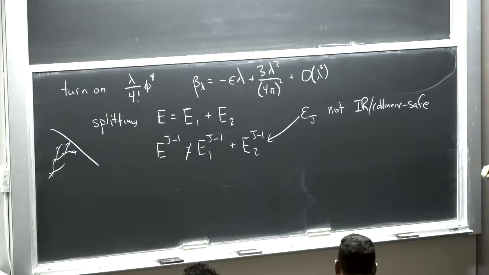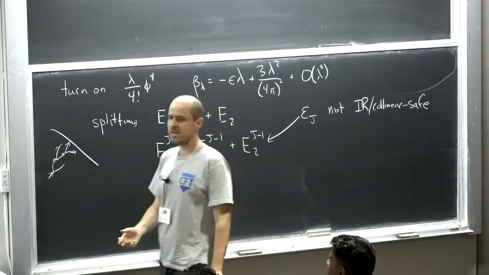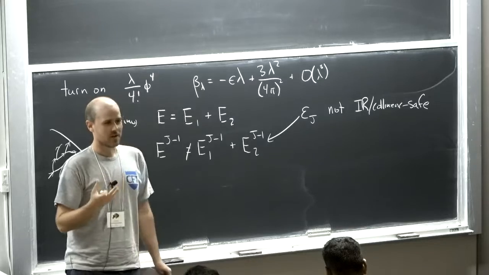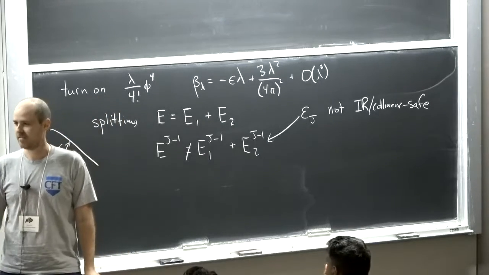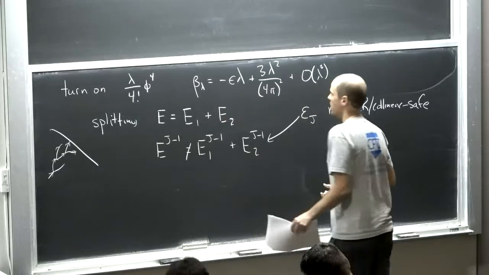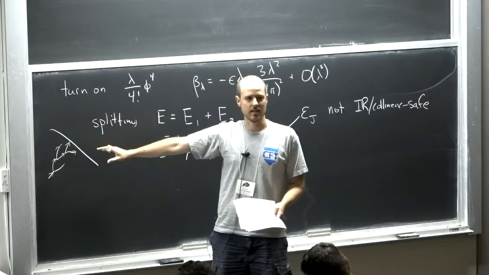This is terminology that you might hear in the context of collider physics a lot. You have to make sure that the things you're measuring are IR safe. What that means in practice is that they make sense even in the context of this splitting process.